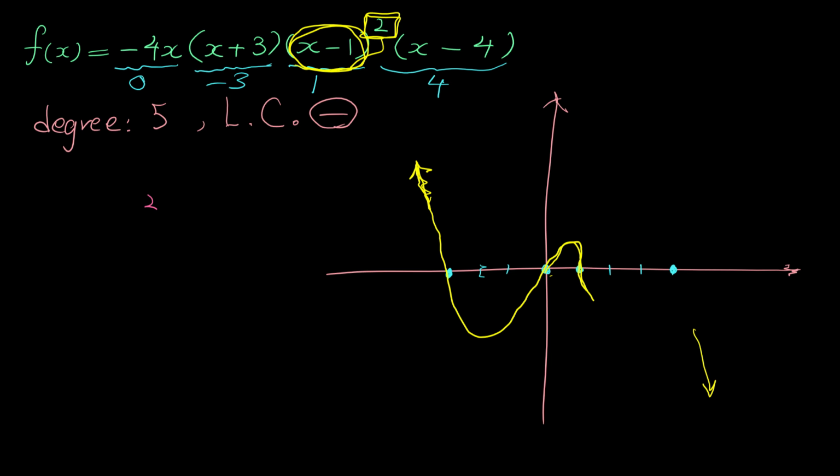When we have x-intercepts that are factors with power 2, power 4, then when we get to those points, we go toward the x-axis, we touch the x-axis, and we bounce at those points. Here, 1 is such a point that has multiplicity 2.